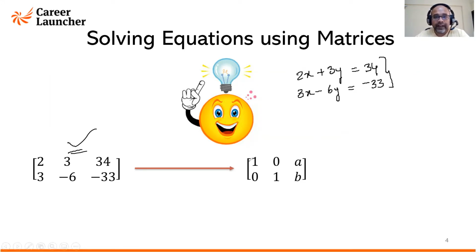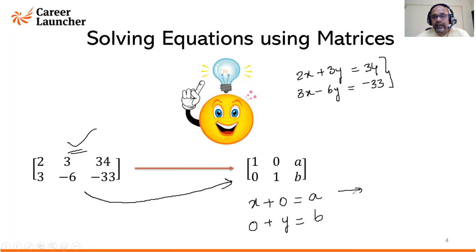Somehow, if I can convert this into this matrix using row and column operations, what will my equations become? My equations will become x plus 0 equal to a and 0 plus y equal to b. Straight away you will get x equal to a and y equal to b.